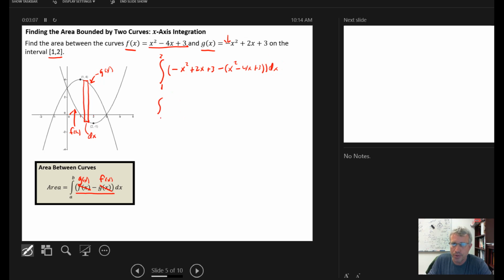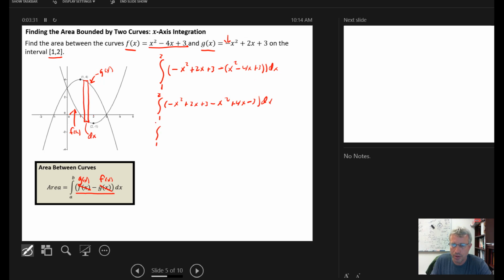And then I can do a little simplifying inside the parentheses. This is the integral from 1 to 2 of minus x squared plus 2x plus 3 minus x squared plus 4x minus 3 dx.